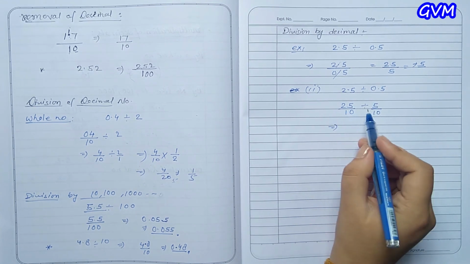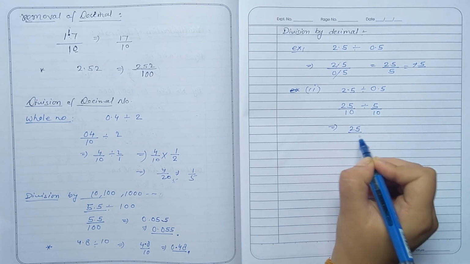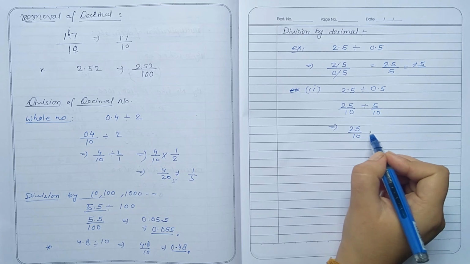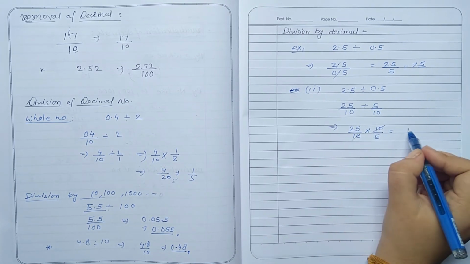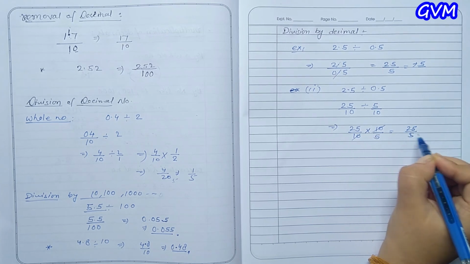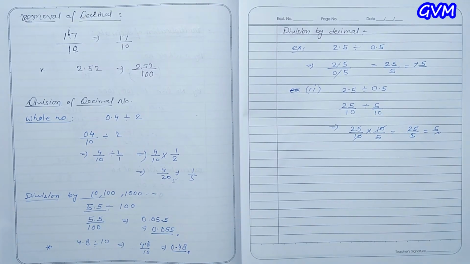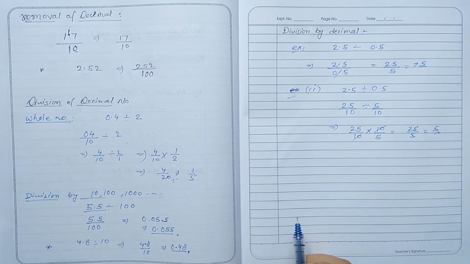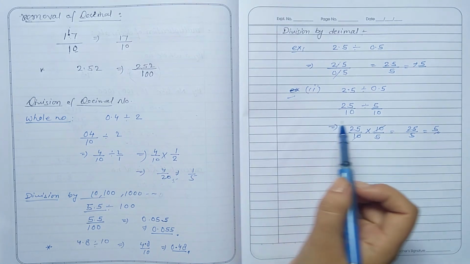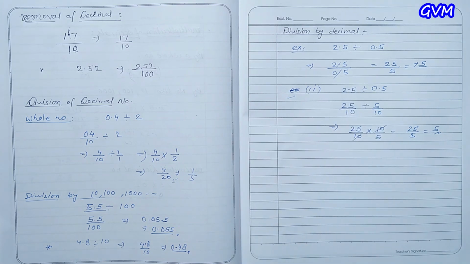Now what will we do? We will reciprocate this and write in multiplication 25 upon 10 multiply by 10 upon 5. So 10 and 10 cancel out, 25 upon 5. So this is 5, we have the answer. Okay, so initially you should go for this second method, and after practicing a lot you can come to this method and do division in decimals easily.